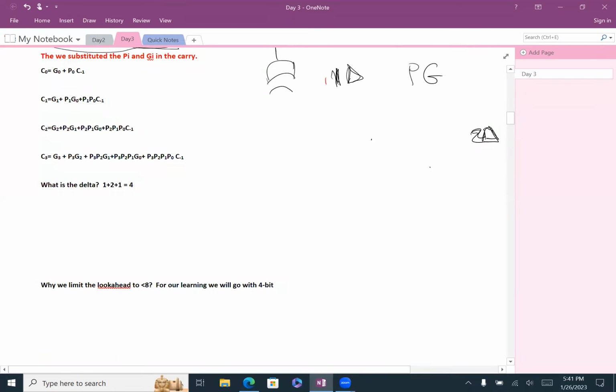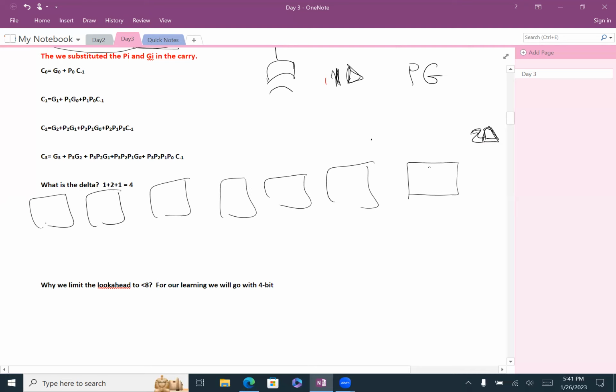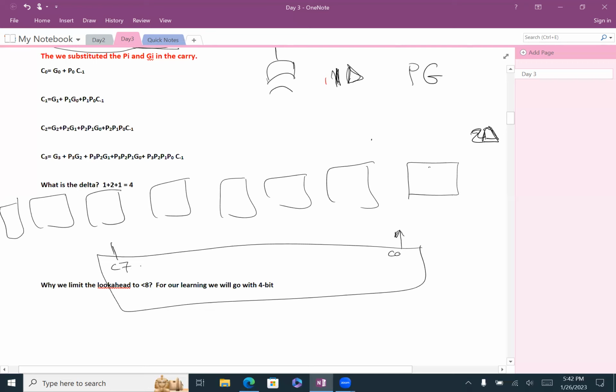So if I have 8 of them: 1, 2, 3, 4, 5, 6, 7, 8. And you add them to carry look ahead here. What will you have as output here? C0 up to C7.